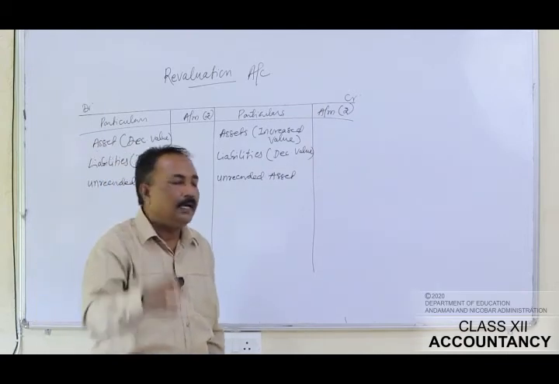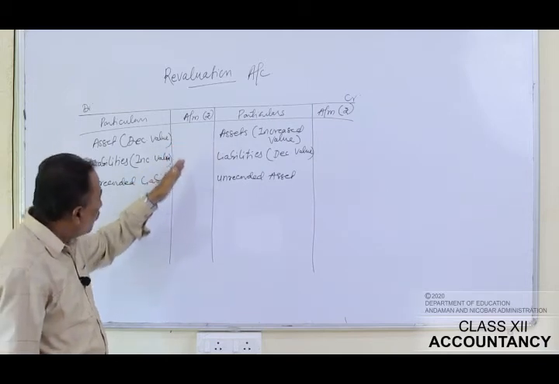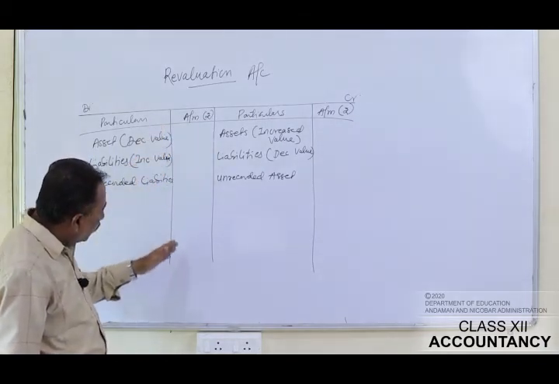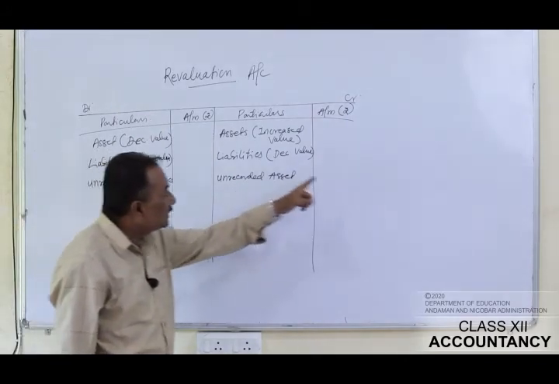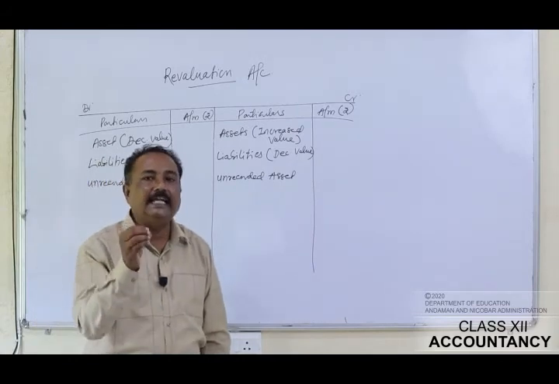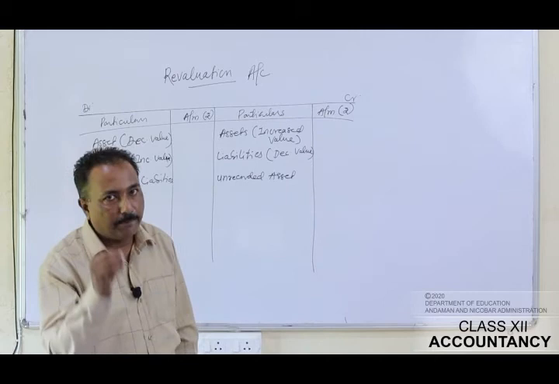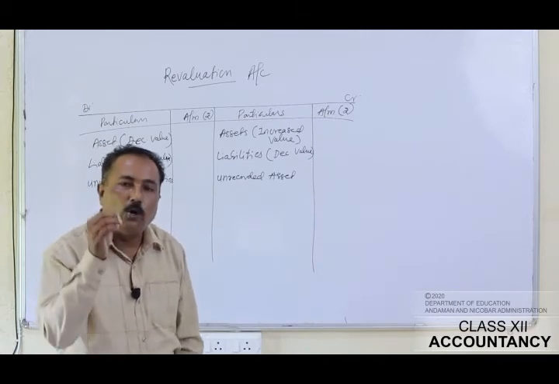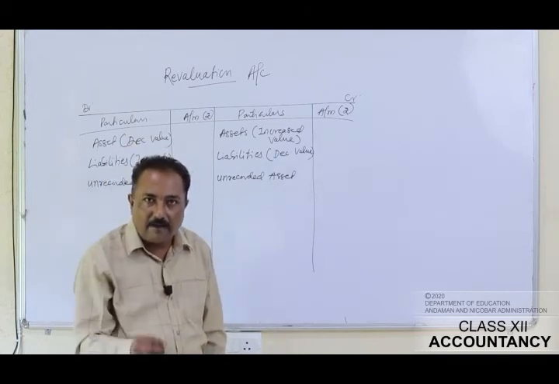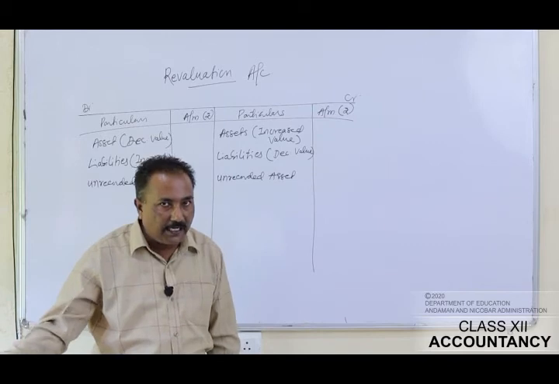Similarly, you may come across the situation when there is a debit balance. When the total of the debit side is more than that of the credit side, then it is a debit balance, which means there is a loss on revaluation, and such loss on revaluation will have to be borne by the old partners in their old profit sharing ratio.